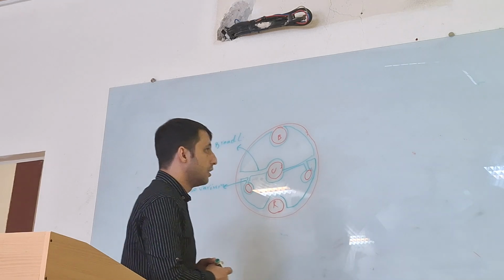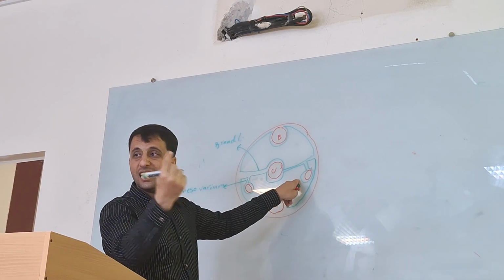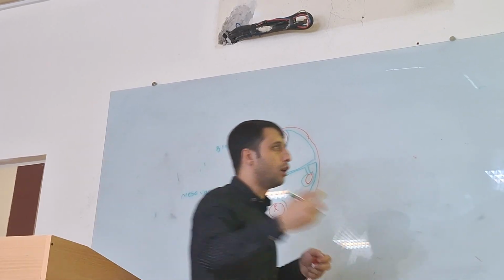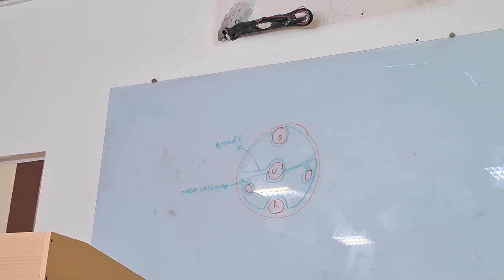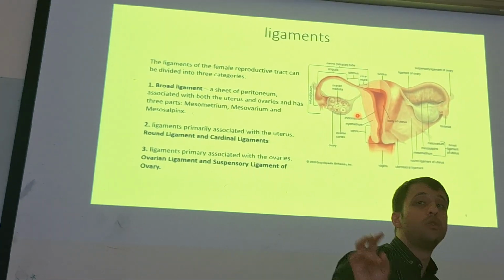Another ligament: look here, the inferior pole of the ovary is attached to another ligament. It is the ovary, this is the inferior pole. It is a fibromuscular ligament.